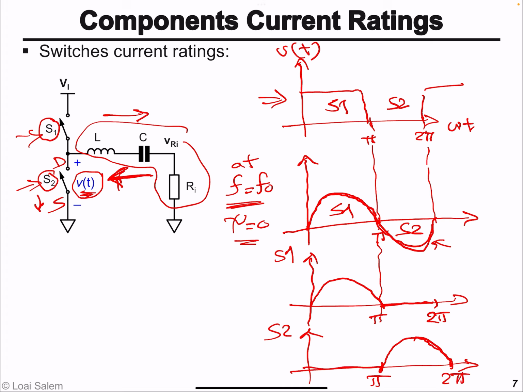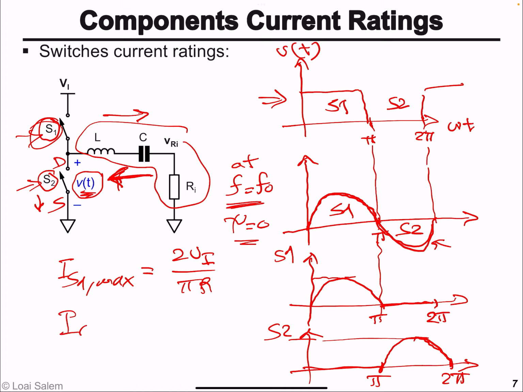So this means that the maximum current that the switch S1 will see is going to be 2Vi divided by pi R, because cosine psi is 1 because psi is 0. And similarly, the maximum current rating that's required from S2 is also given by 2Vi divided by pi R.